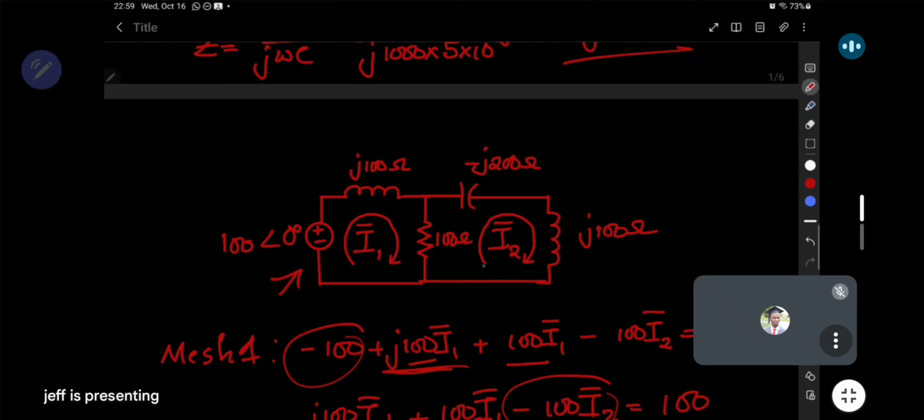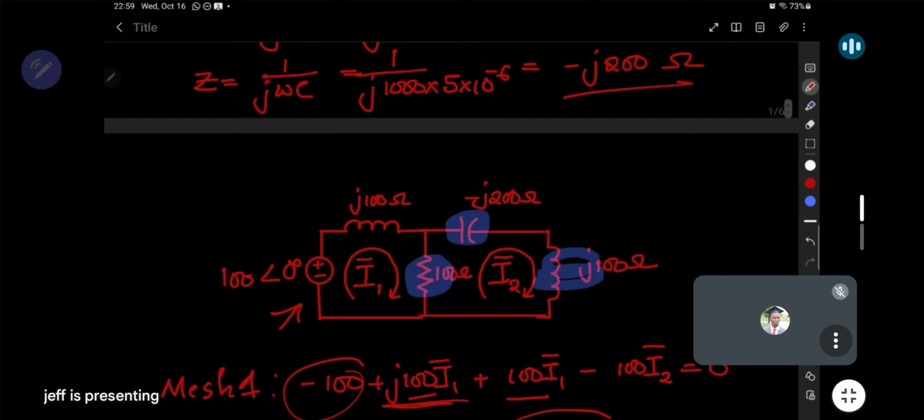The second loop is this one here. And what do we see? Here, this loop consists of 1, 2, 3 circuit elements, so we can add them with the circuit itself. Here, the mesh current responsible is I2.